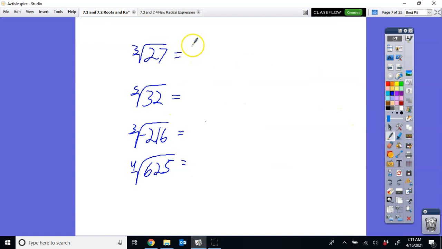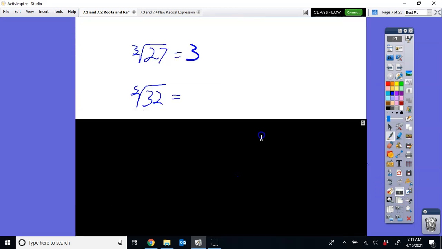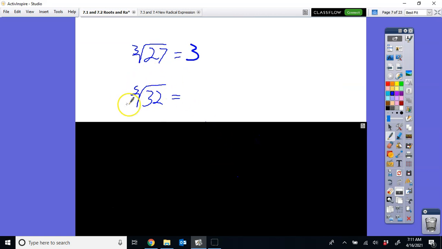So we've already done this one, and I apologize for jumping ahead of myself there a little bit. But let's look at the others down here. And I'm going to cover these up so you don't try to jump ahead of me too much here. This is the fifth root of 32. The fifth root of 32 is asking me what times itself 5 times. Or another way to think about it is what to the 5th power gives me 32.